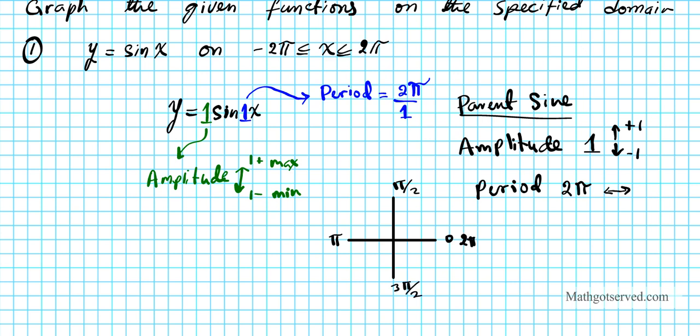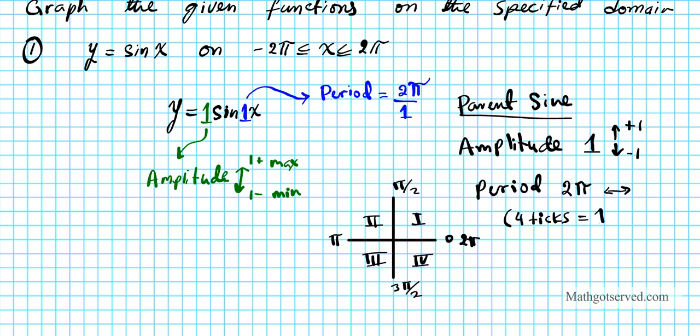So to get 2 pi, which is the period for this particular parent trig function, we have 1, 2, 3, 4 quadrants. To ensure symmetry in our graphs, we're going to let 4 tick marks equal a period. So for this case, we're going to let 4 ticks along the x-axis equal 1 period.